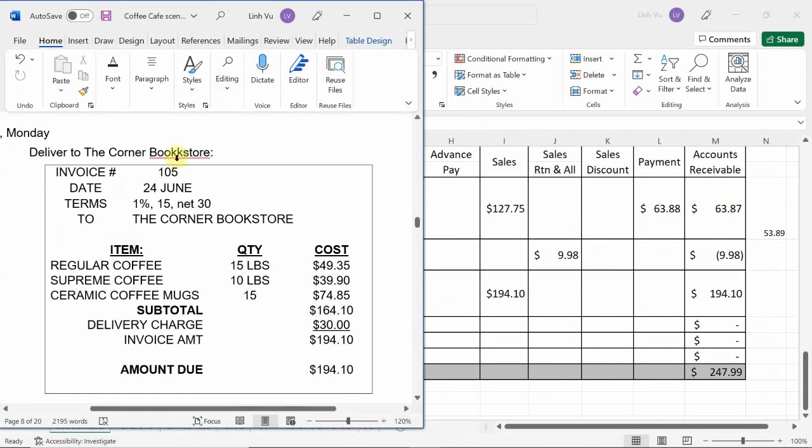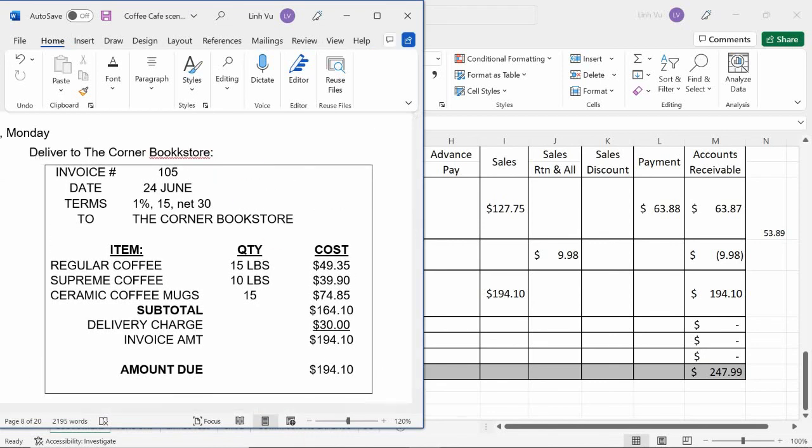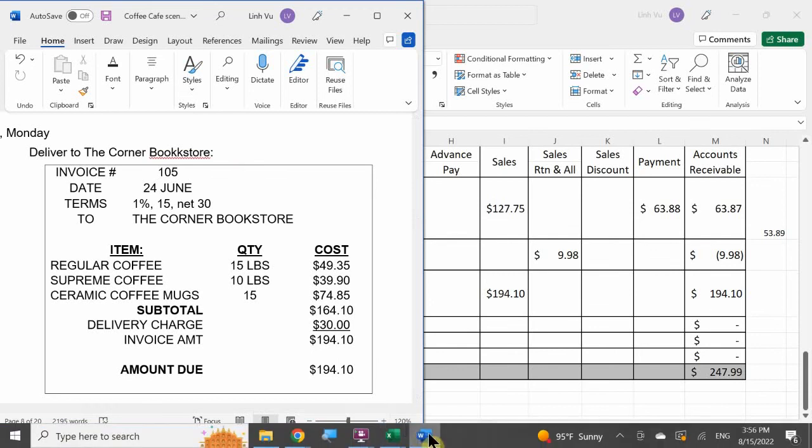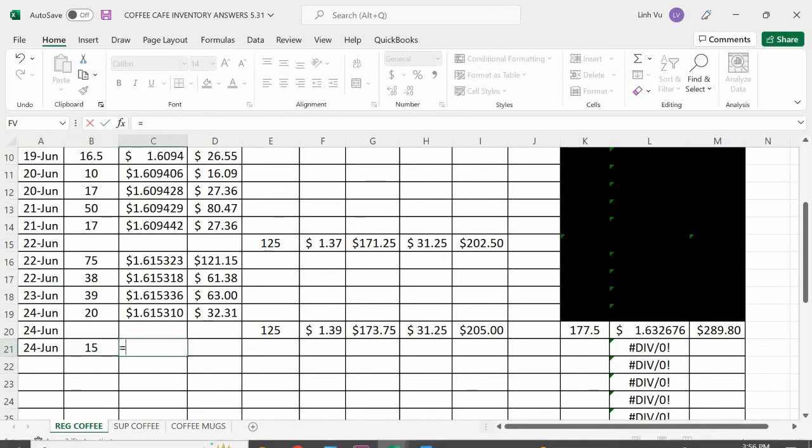Okay. So in this case, we sold 15 pounds and we sold 10 pounds of Supreme. How much is my total cost of goods sold?